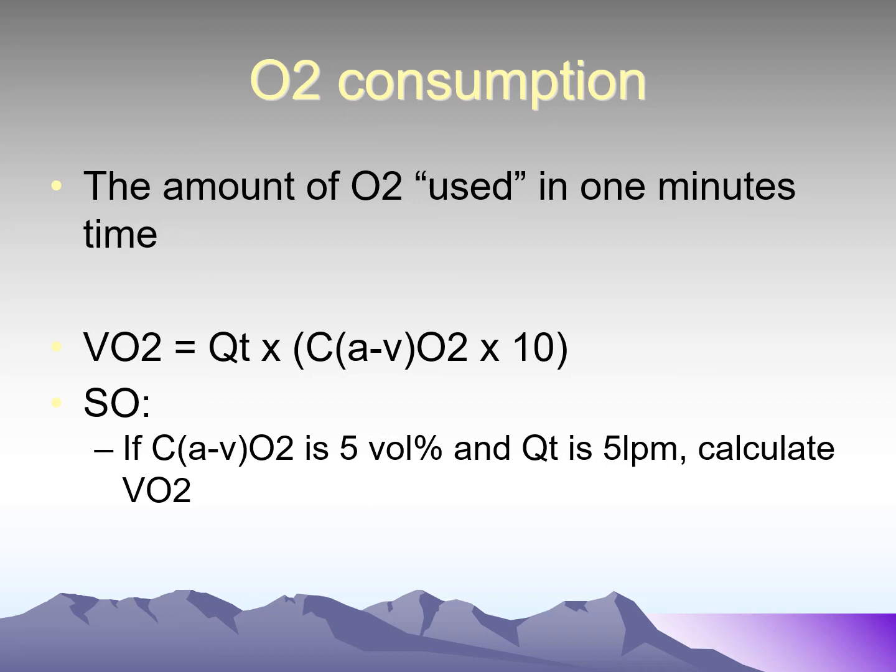So for example, if we're given numbers such as 5 for our cardiac output and 5 for our A to V difference, we should come up with 250 mils of oxygen per minute. So 250 mils of oxygen eaten up by the tissues. A normal value is about 250 to 330 mils of oxygen per minute, and that can vary with body surface area.